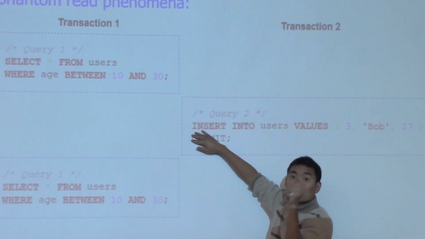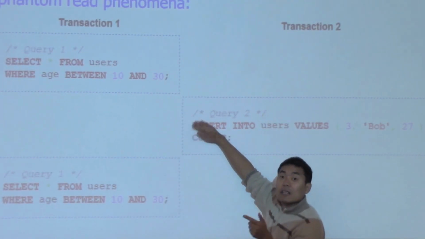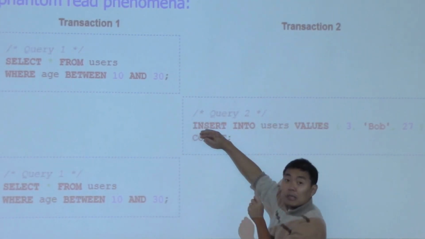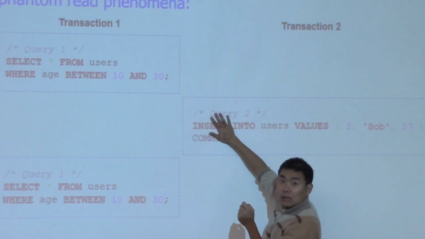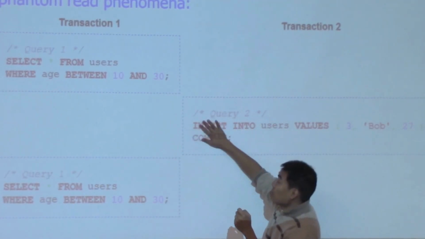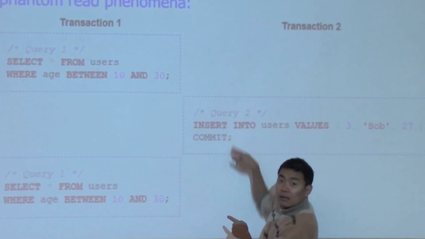That's why I introduced this block concept, meaning that if the database system is given a schedule like this and it's in repeatable read isolation level, this will be blocked. So I will execute this, then this, and then this.